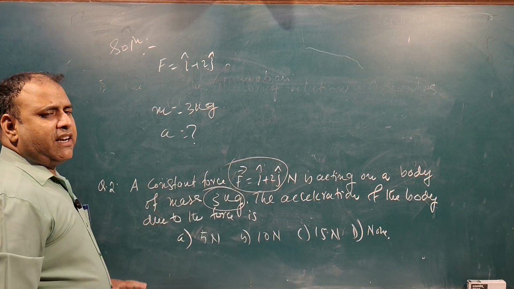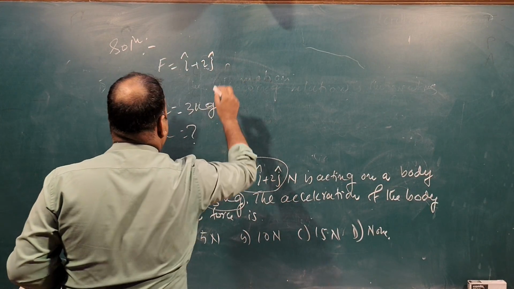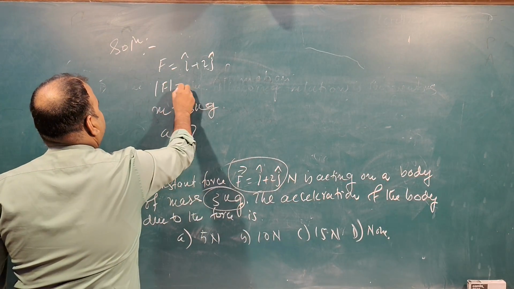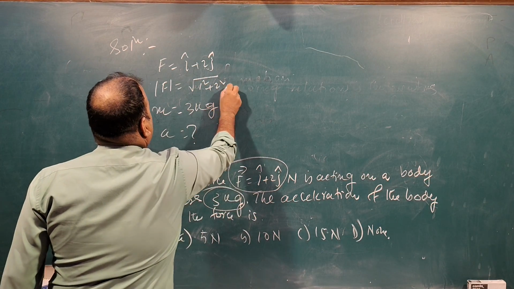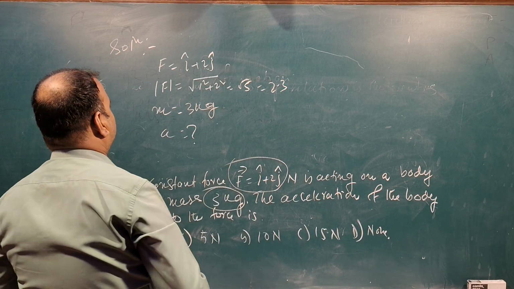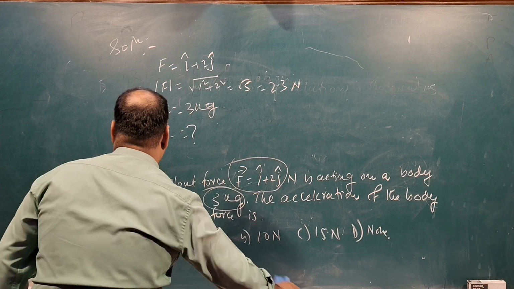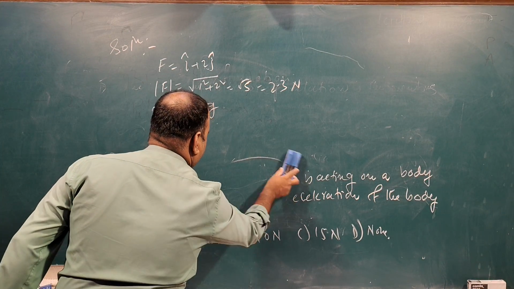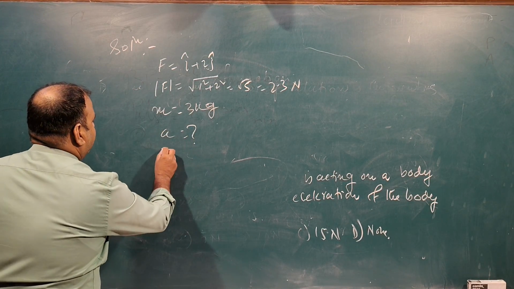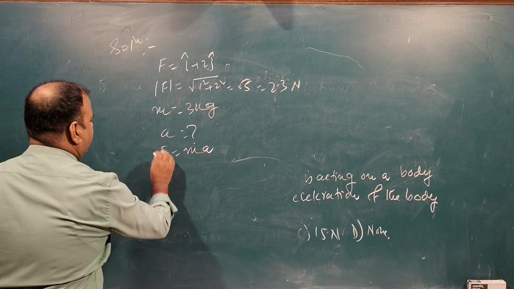The normal formula you already know, F is equal to ma, but here it is given in terms of i cap and j cap, so it is given in vector form. So you can take the modulus: F is equal to under root 1 square plus 2 square, which is root 5, that is approximately 2.3 Newton. Therefore we know that F is equal to ma, and we have to calculate the value of a.